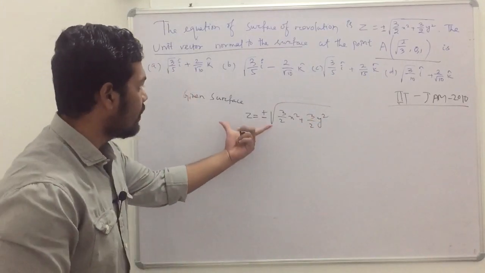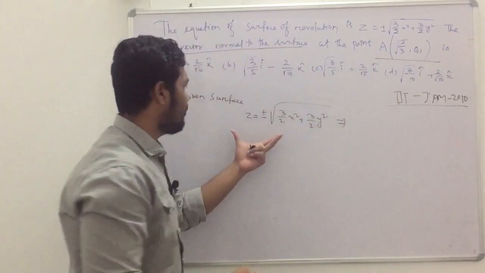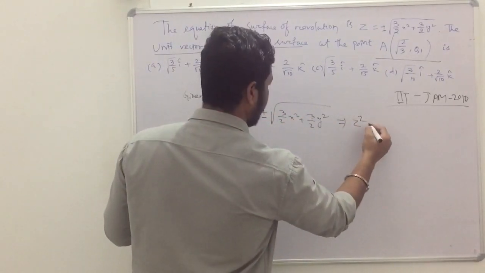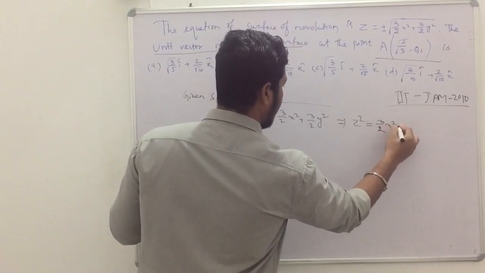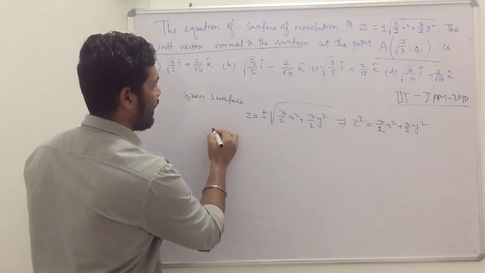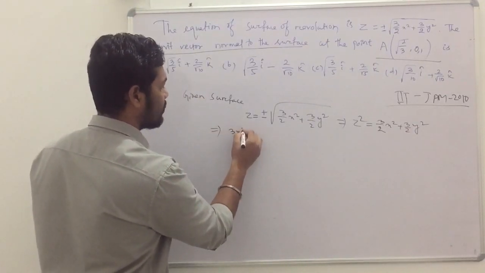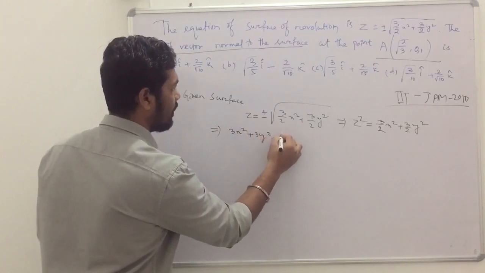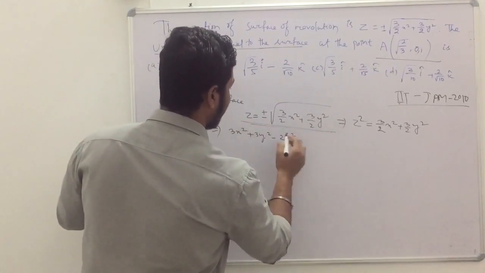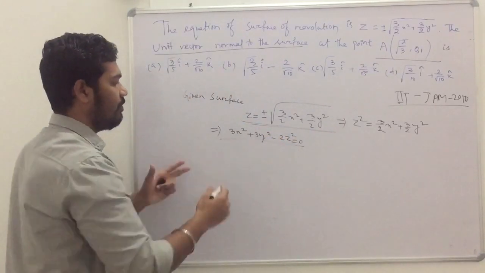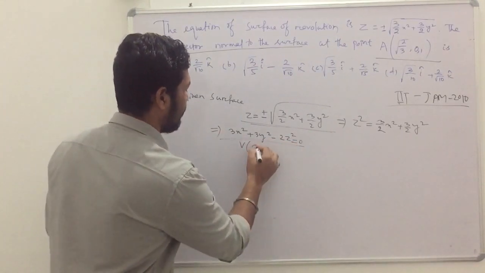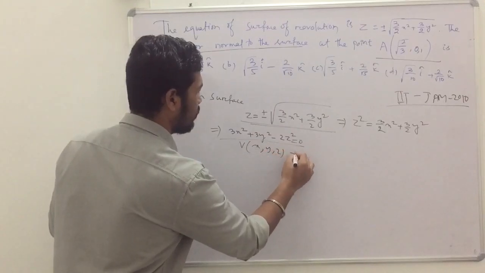By squaring both sides, you can write z square equals 3 by 2 x square plus 3 by 2 y square. Simplifying, you get 3x square plus 3y square minus 2z square equals 0. So this is of the form of a scalar function of variables x, y, z equals 0.